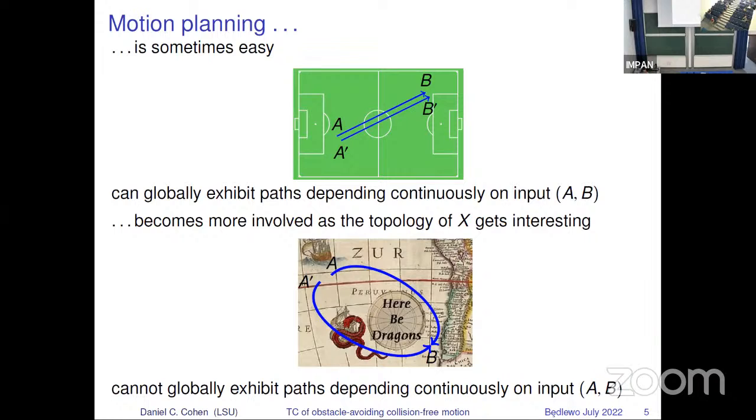But if you're southwest of the dragon, say, maybe it would be more efficient to traverse from A to A prime, I guess, to be counterclockwise. The issue here is, what if A prime gets closer and closer and closer to A? On the one hand, you'd like to go counterclockwise. On the other hand, you'd like to go clockwise if you're thinking about being close to A. And you cannot rectify this continuously throughout the ocean minus the dragon, which must be avoided.